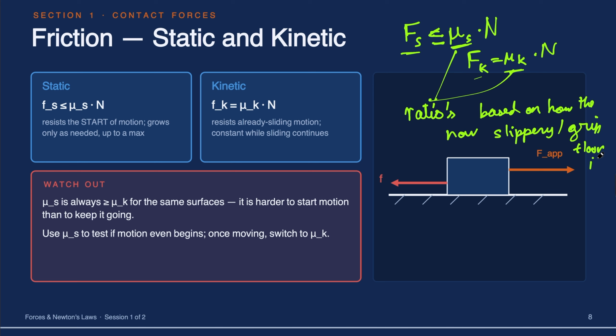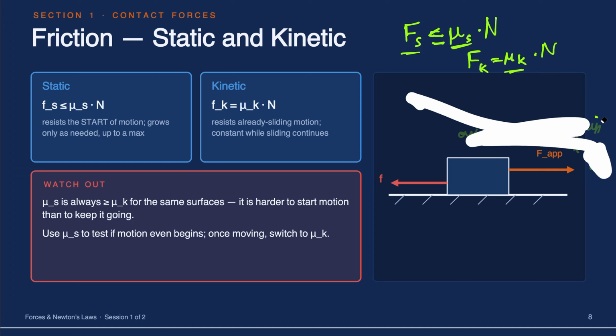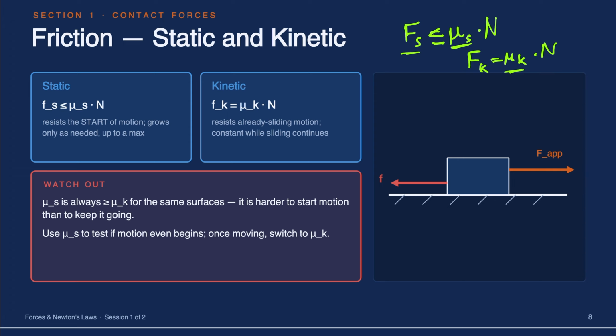It depends on the floor. So each floor will have a different constant for static or kinetic friction. And these are always going to be between 0 and 1. Okay, because they're just ratios. They're not really values by themselves. It's between 0 and 1.